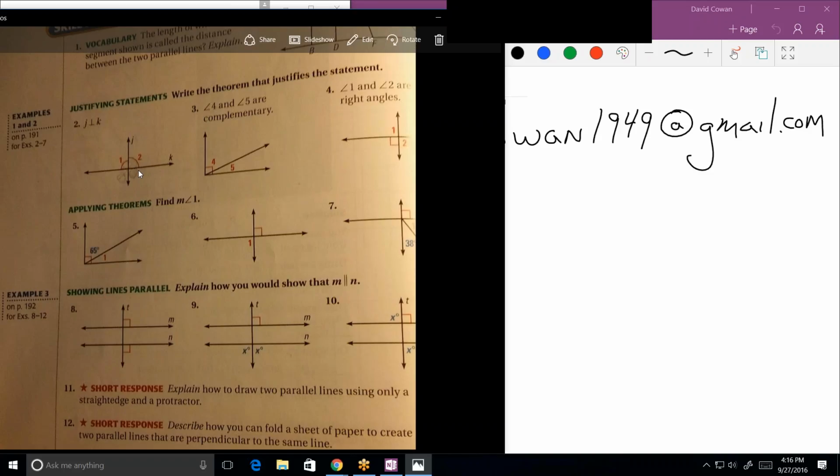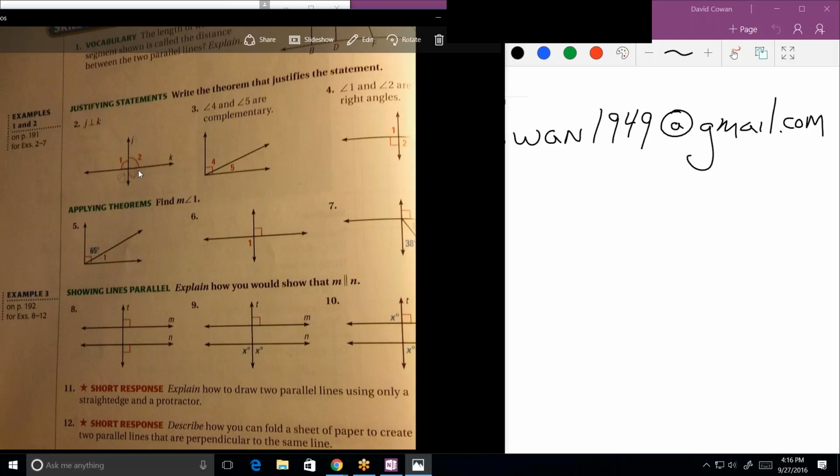About number 3, why are angles 4 and 5 complementary? Wait, give me a minute. Says theorem. Okay. Why are they complementary? Rather than citing the theorem, just explain it to me.